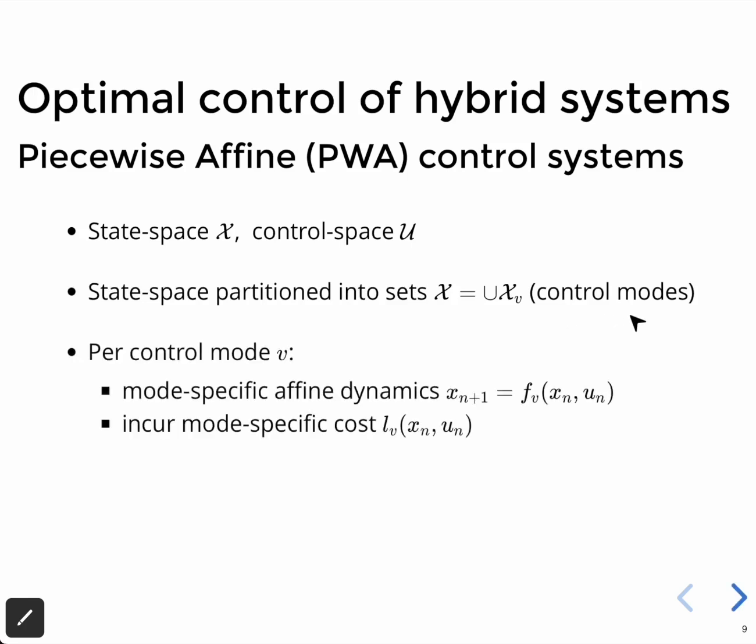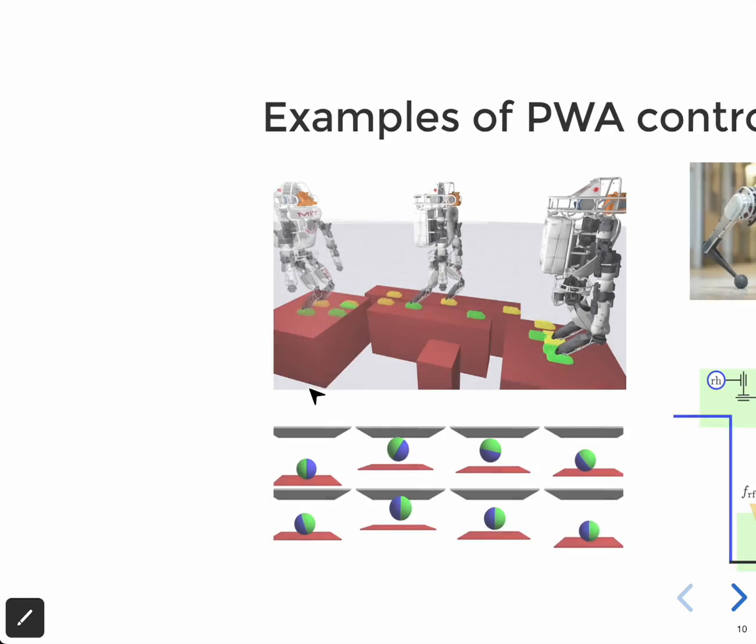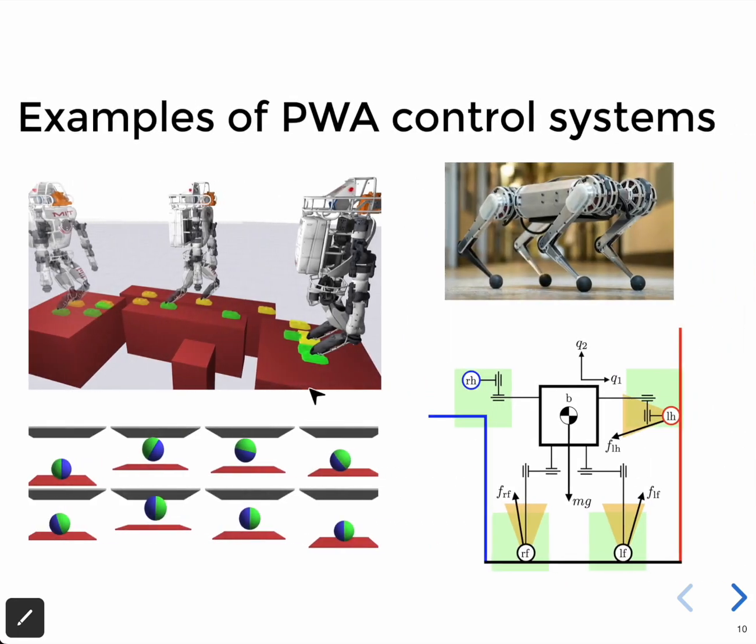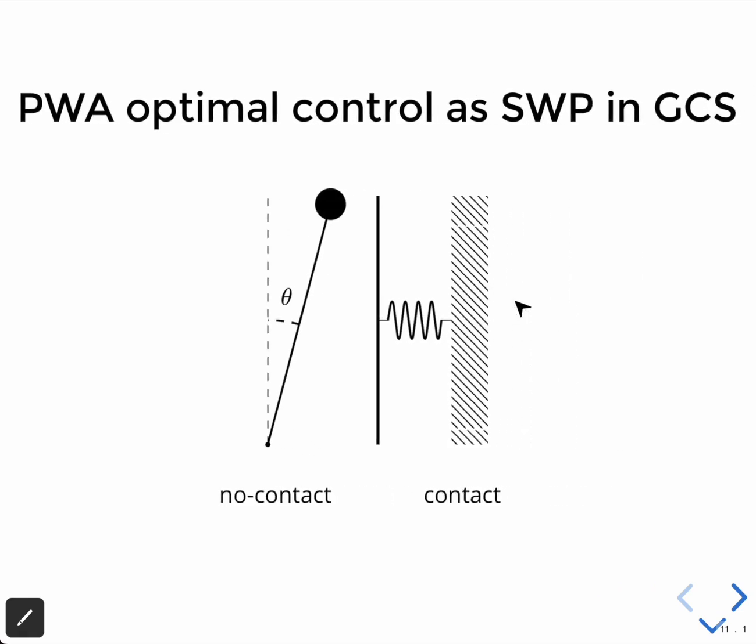And for every control mode, the system will evolve according to mode-specific affine dynamics and will incur a mode-specific cost whenever executing an action in a state in that mode. Right? Piecewise affine control systems capture a wide variety of systems, especially those that involve contact, such as walking robots. But for the sake of an example, I'll use a super simple system, which is an actuated pendulum with a soft wall. Right? So there are just two contact modes here.